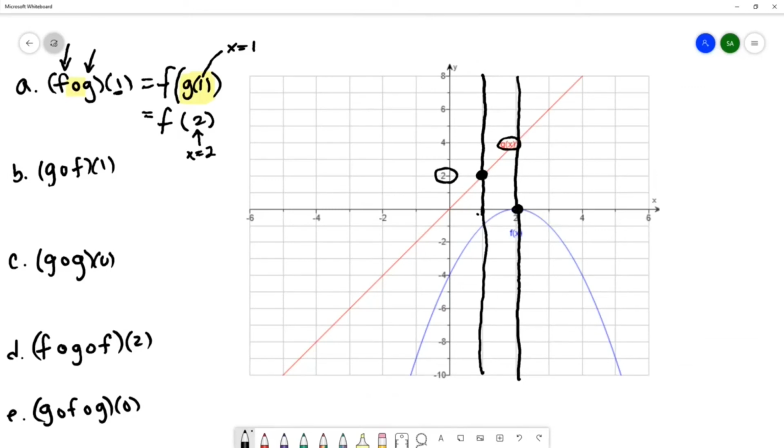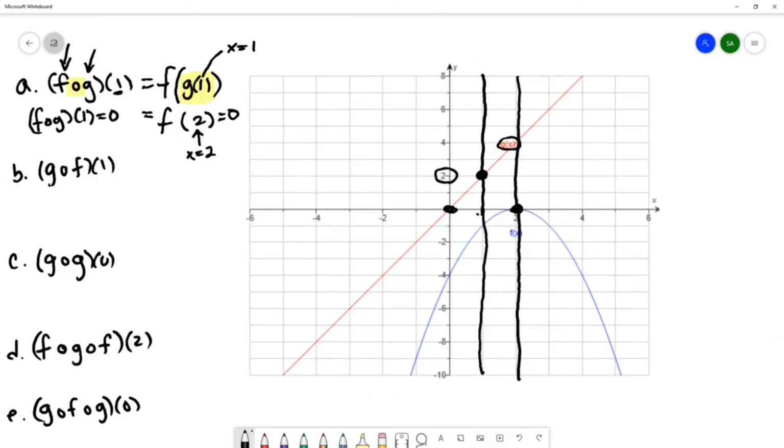So that's this point right here. So that vertical line that has x equals 2 crosses the graph of f at this spot, and that has a y value of 0. So f of 2 is 0. So we found that f composed with g of 1 is 0.